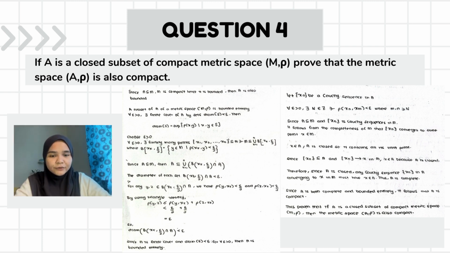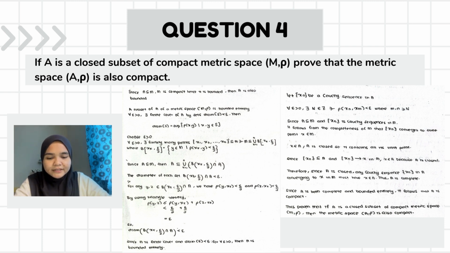where rho(xk, y) is less than epsilon over 2. Since A is a subset of M, then A is a subset of the union of B(xk, epsilon/2) intersect A. The diameter of each set B(xk, epsilon/2) intersect A is less than epsilon. So for any y and z in B(xk, epsilon/2) intersect A, we have rho(y, xk) less than epsilon over 2 and rho(z, xk) less than epsilon over 2.